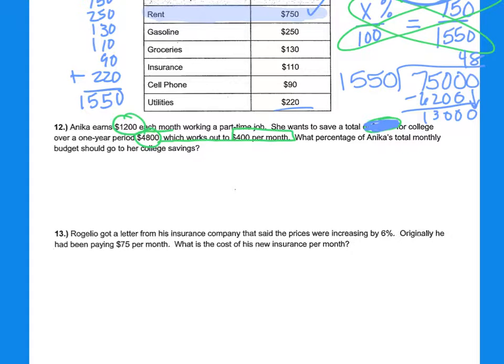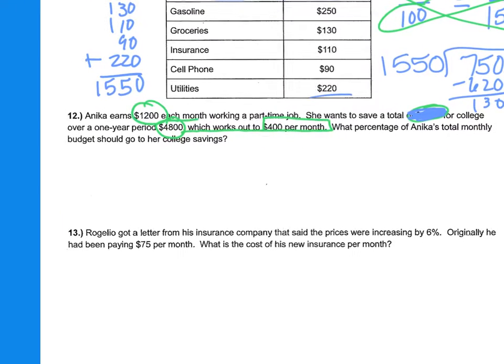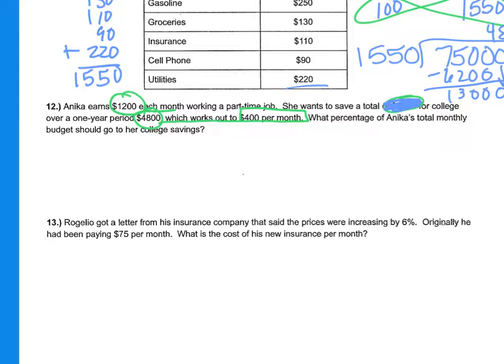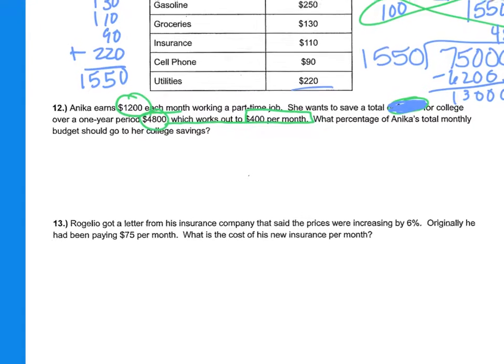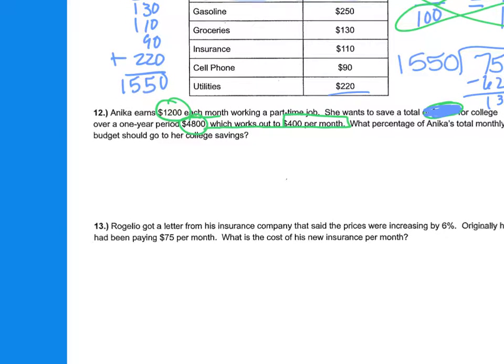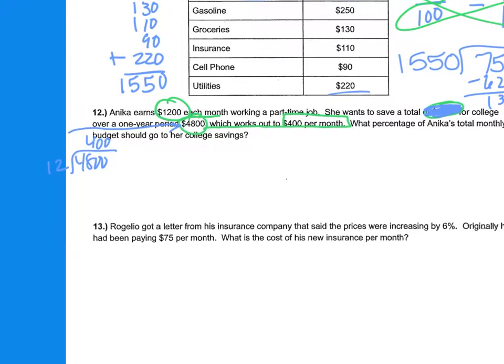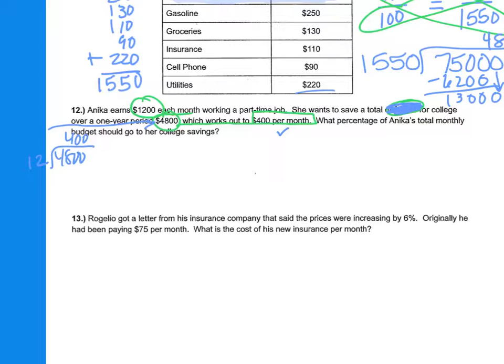So just cross off the first sentence. If we divide $4,800 by 12, we get $400. So $400 a month is what we need to know.